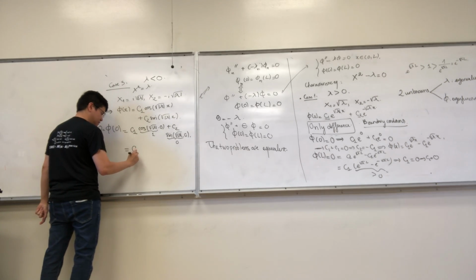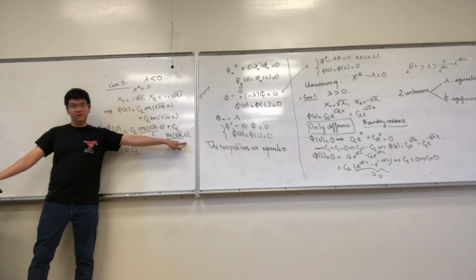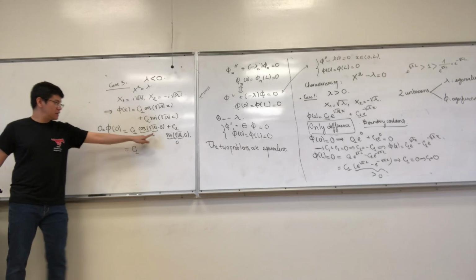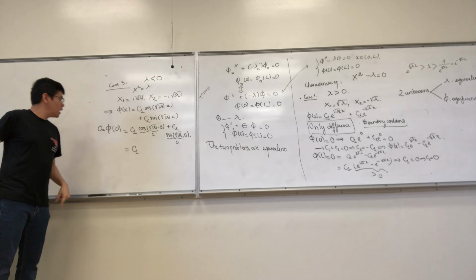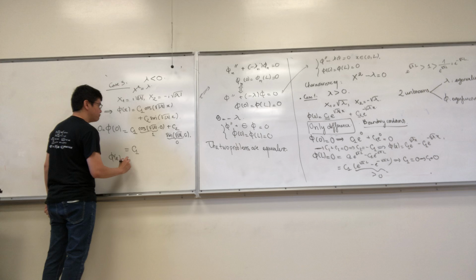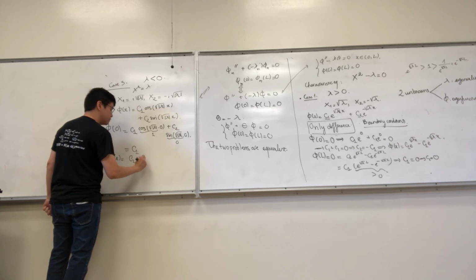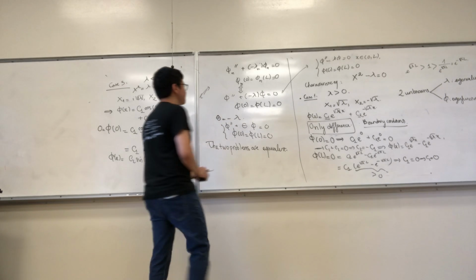Because you replace 0 here, sine of 0 is 0, cosine of 0 is 1, so you have C1 is 0. Now the function is left with C2 sine of square root of lambda x.